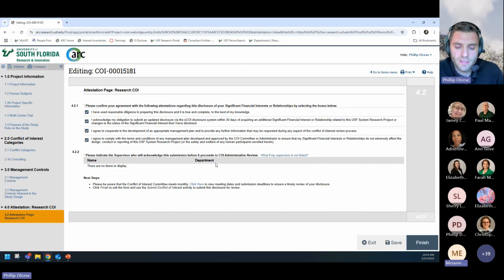So it's a barricade to ensure that the department supervisor sees these and approves and acknowledges them, which may also sometimes create a delay, right? We reach out to supervisors on a weekly basis and say, hey, we have some of these disclosures stuck. Will you please log in and move them forward so we can formally review them?